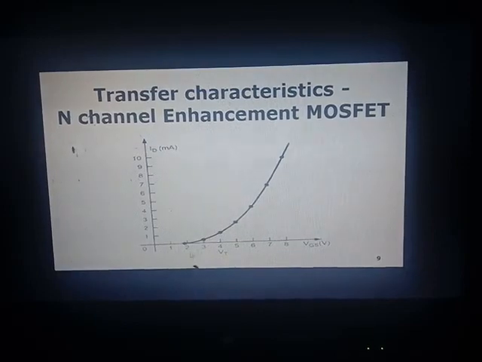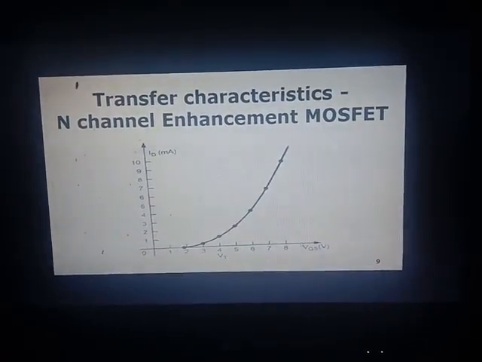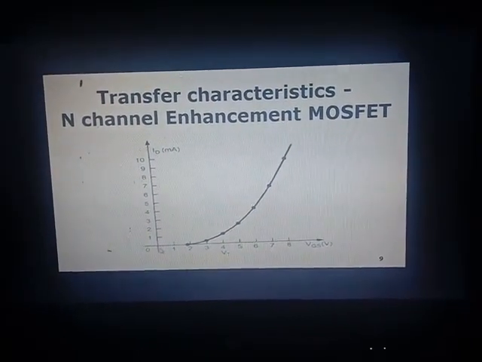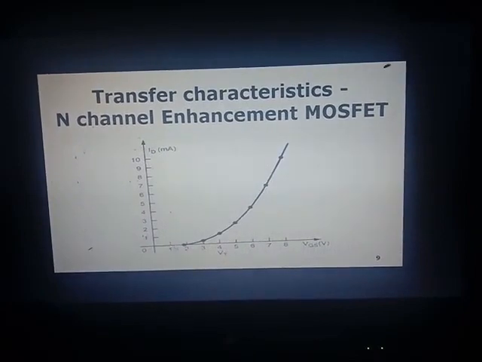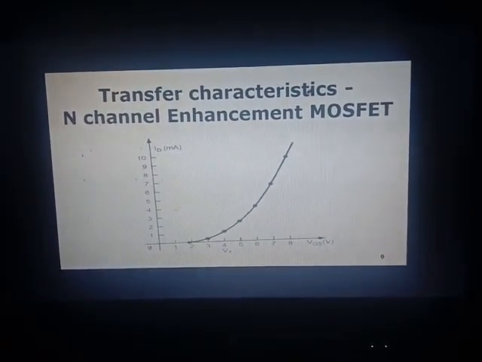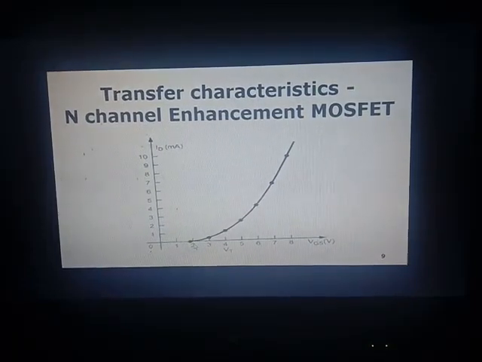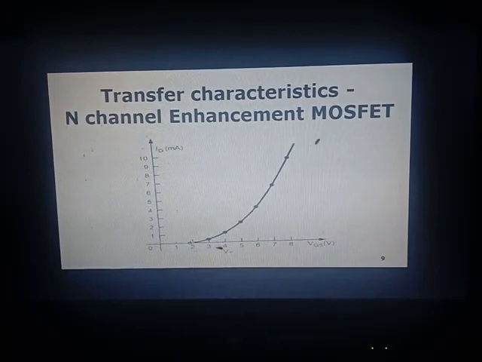As we know, for this MOSFET the threshold voltage is 2 volts. Now we are applying positive VGS. When VGS is equal to 1 volt, we do not have any channel between source and drain. When VGS is equal to 2 volts, a channel is established between source and drain.